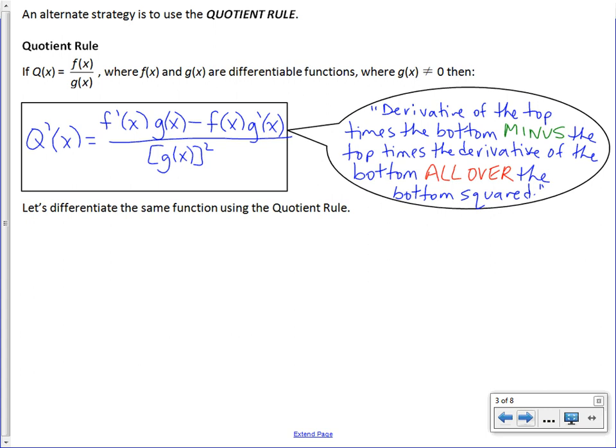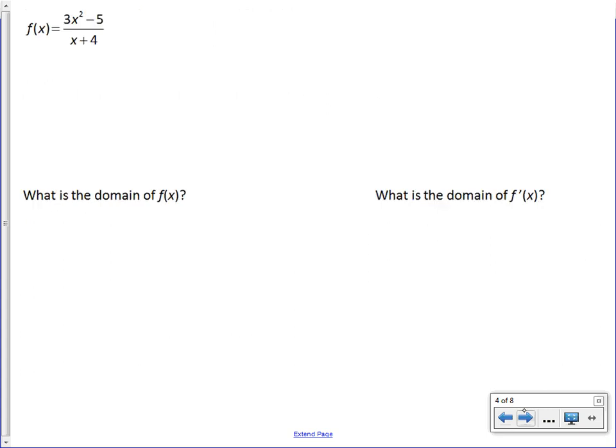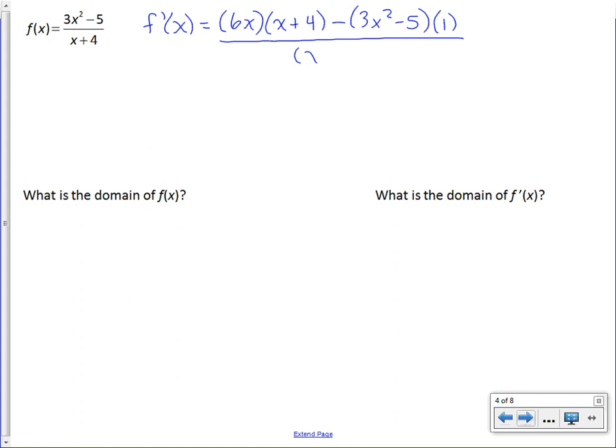So, same function using quotient rule: derivative of the top, 6x, times the bottom, x plus 4, minus the top, 3x squared minus 5, times derivative of bottom, derivative of x plus 4, 1, all over bottom squared.